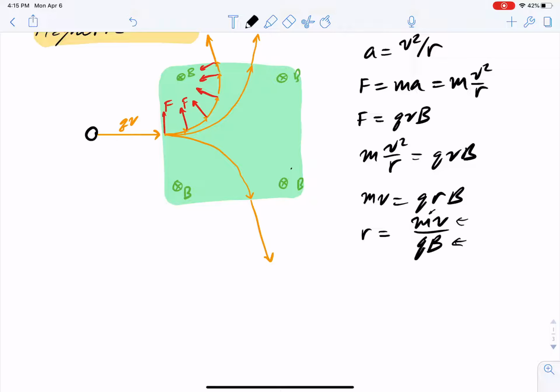This is the basis for what's called a mass spectrometer. You send charged particles into this magnetic field, and then you measure the radius, and the radius is proportional to the mass. So that's a way of measuring the mass of a single molecule or atom.